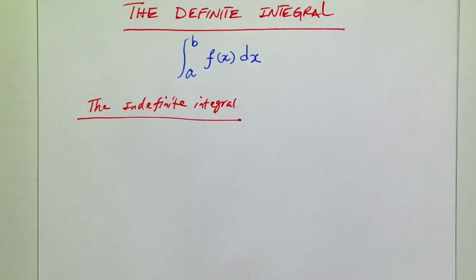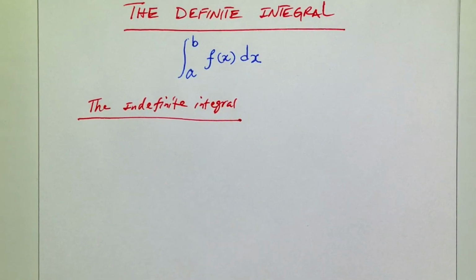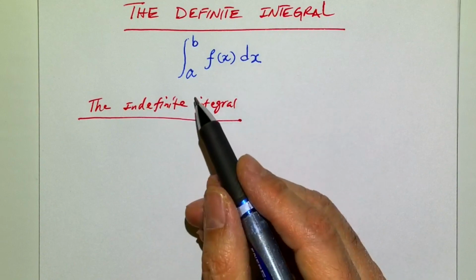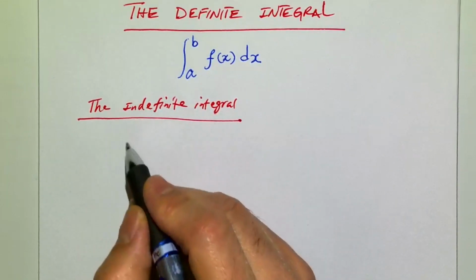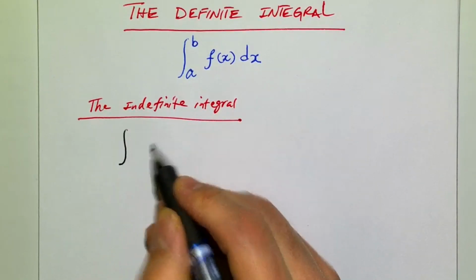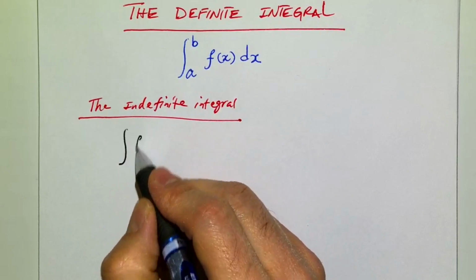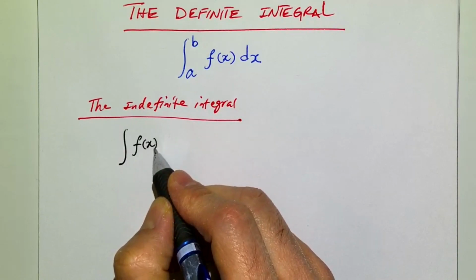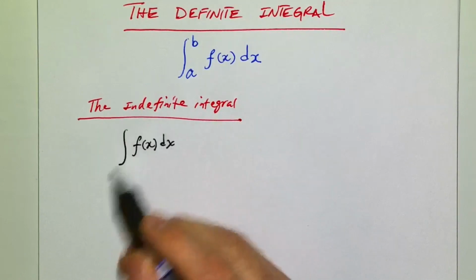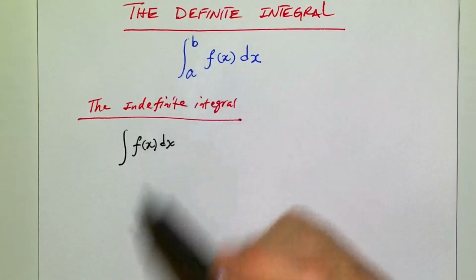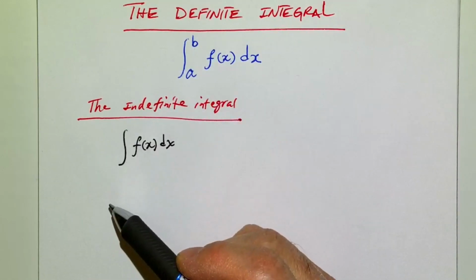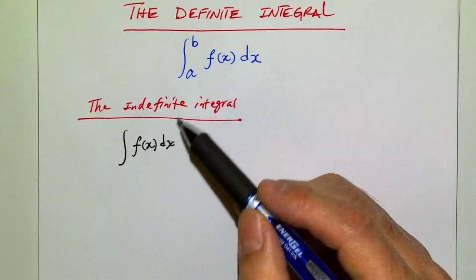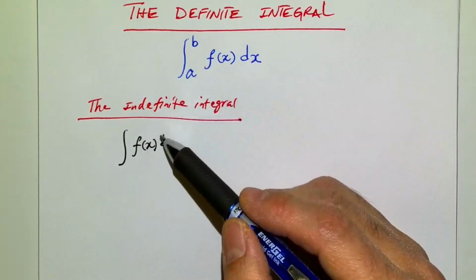And of course, that has huge implications in terms of the difference between the definite and indefinite integral. So an indefinite integral would be like this: integral of function f of x dx. Notice that the limits are missing from this integration. But what implication would this have?